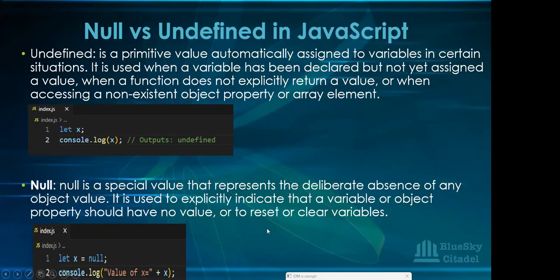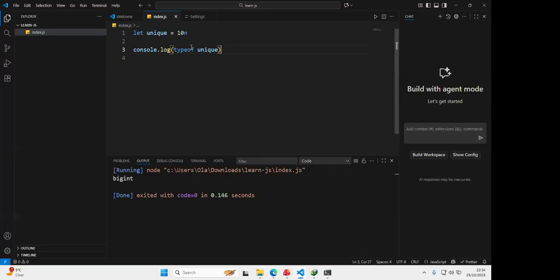So we won't do the function type, just the variable part of it. For instance, if I delete it, we do typeof unique, and I can also print out unique.